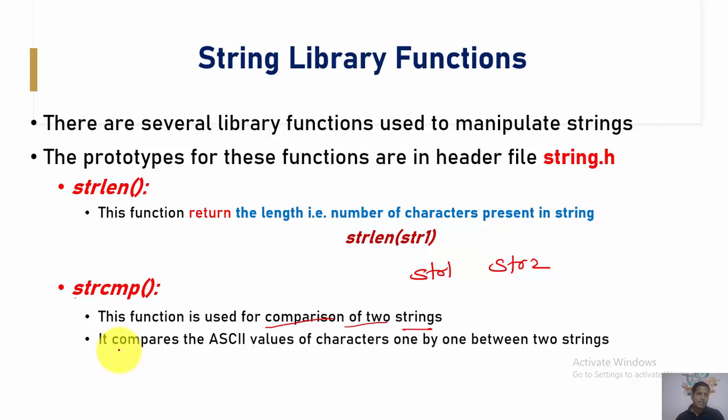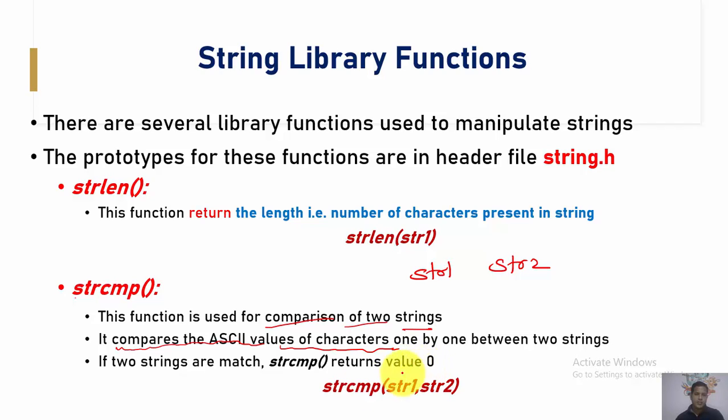Basically, in order to perform the comparison, the ASCII values of the characters are considered from both these strings. If two strings match, the string compare function gives us a value 0, and the syntax is strcmp(string1, string2).